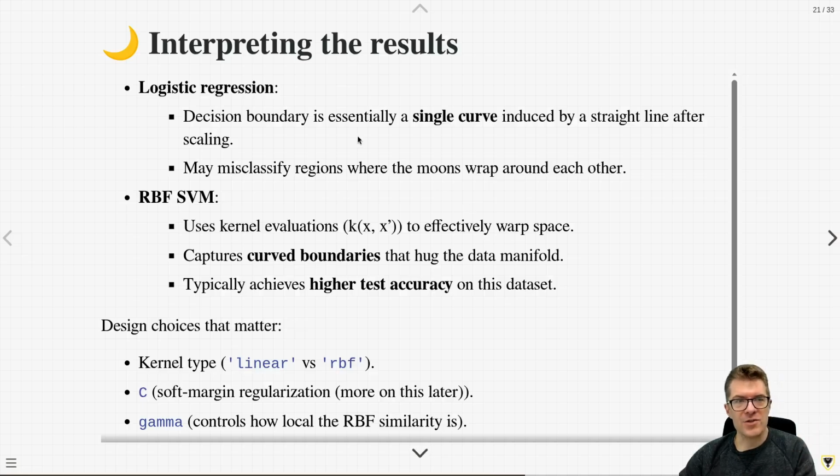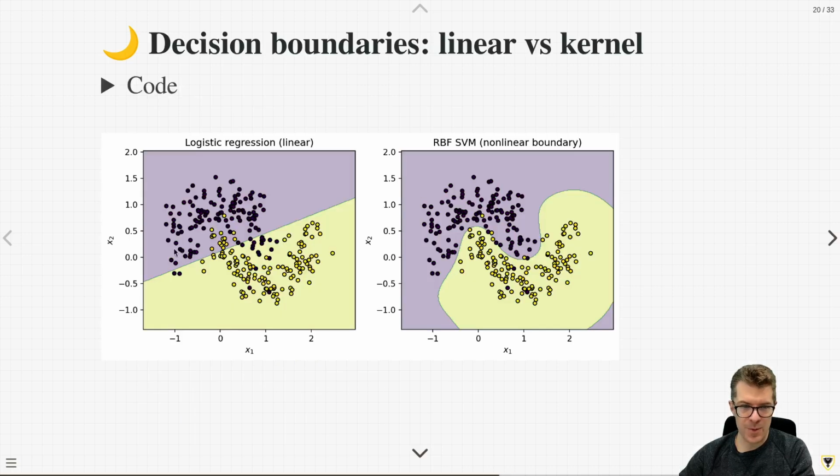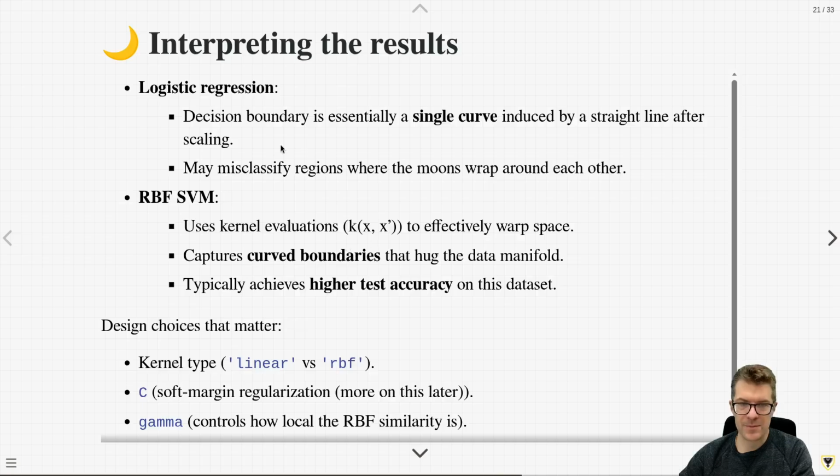So in logistic regression, the decision boundary is just like a single curve, a straight line after scaling. And this is obviously going to misclassify regions where the moons wrap around each other, like here and here. The RBF SVM uses these kernel evaluations to basically warp the space.